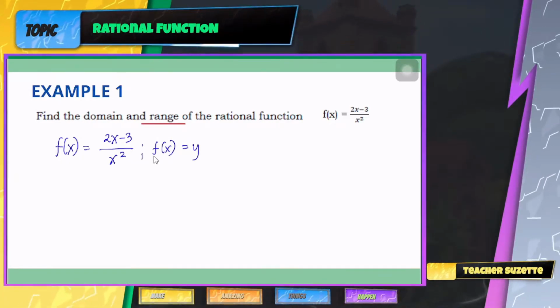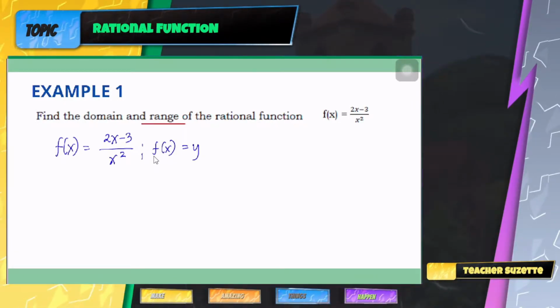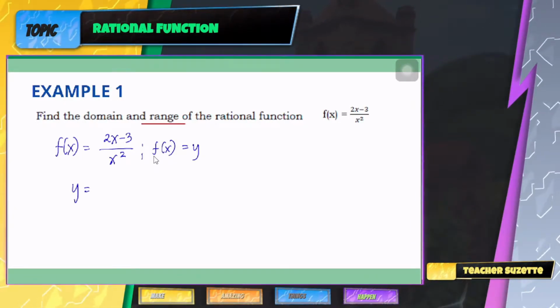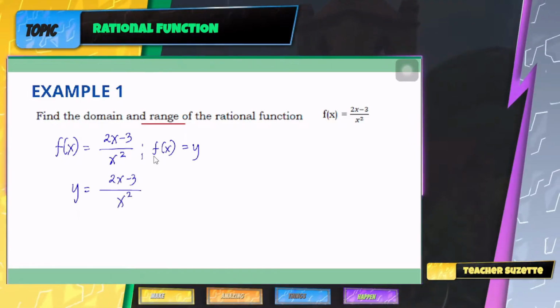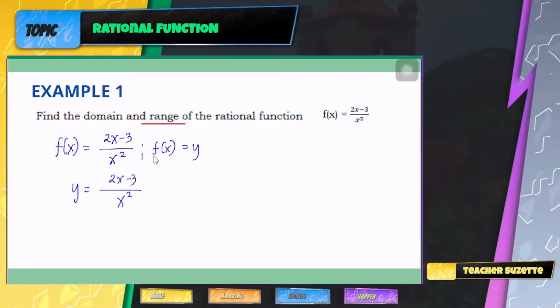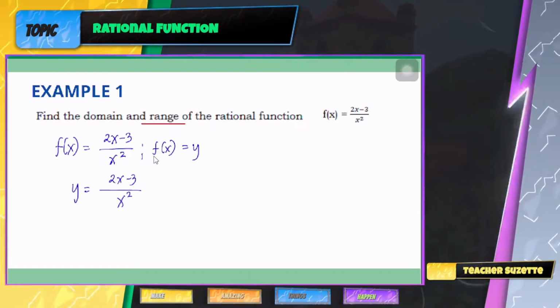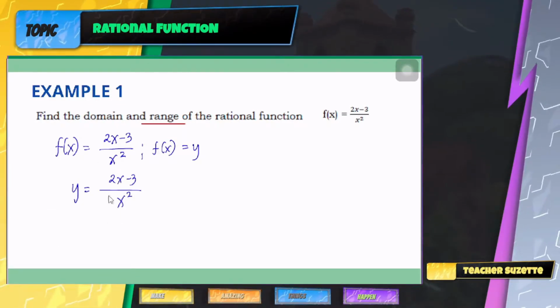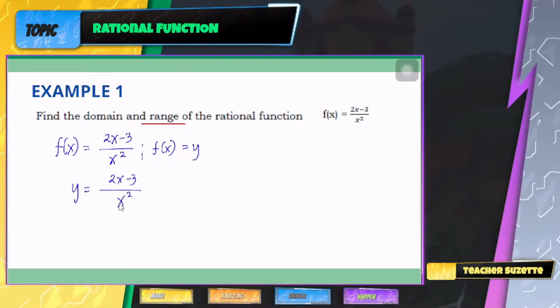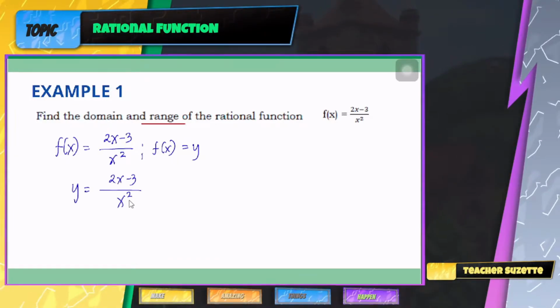So, we use f of x is equal to y. You will have y is equal to 2x minus 3 all over x squared. Now, take note of this. What we're going to do next is to get the inverse function of y is equal to 2x minus 3 all over x squared.